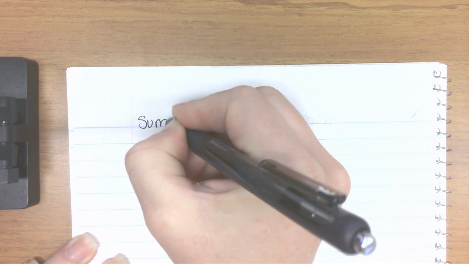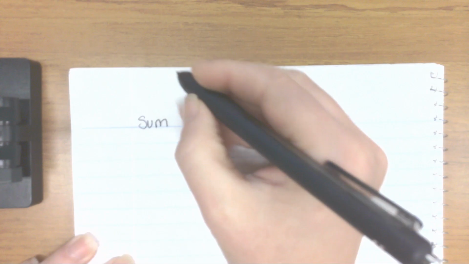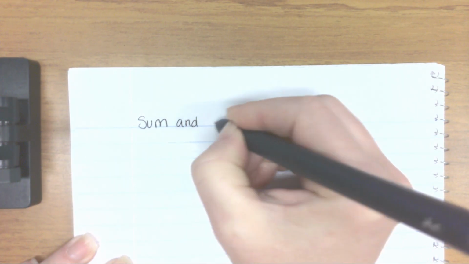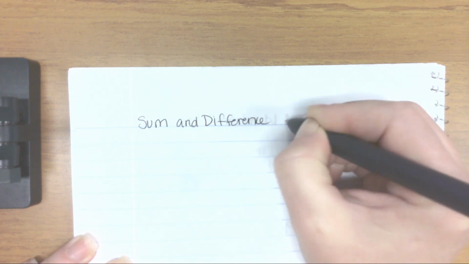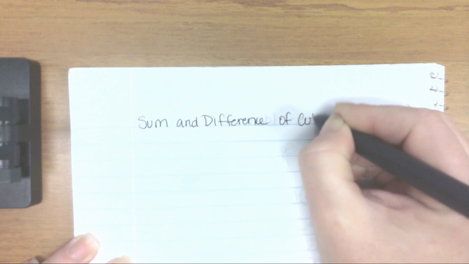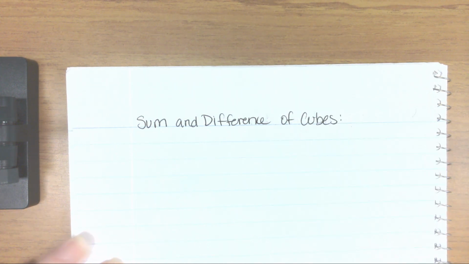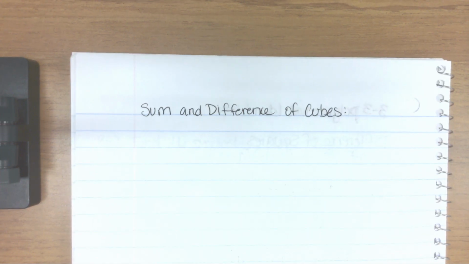So the last ones are a sum and this time also a difference of cubes. Okay, so I'm going to do this in terms of A and B again, and we'll just talk about how when you're trying to do these problems, you want to figure out what the cube root is.